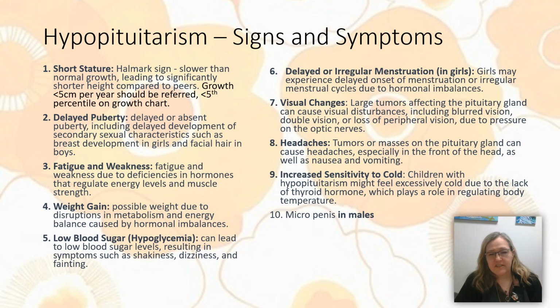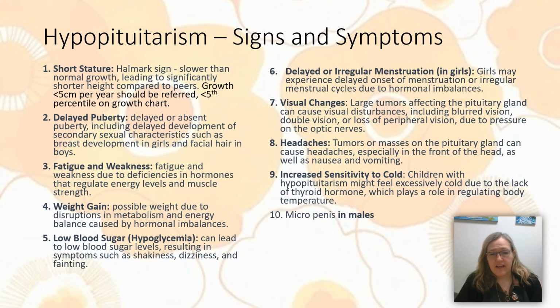Visual changes can also occur, especially blurred vision, double vision, or loss of peripheral vision, and this is often a sign of pressure inside the skull related to a space-occupying lesion, possibly a cancerous or non-cancerous tumor, but also bleeding or something causing pressure there.